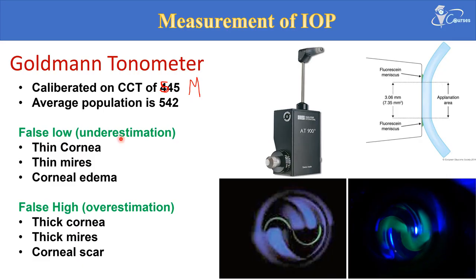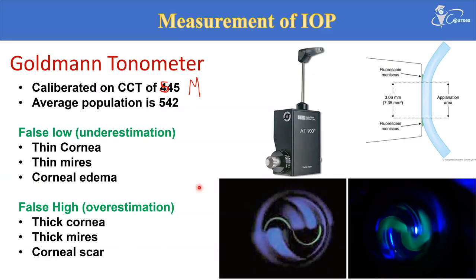When do we have an underestimation? If there is a thin cornea, because in a thin cornea, even the slightest increase in the force of the applanation will result in applanation.